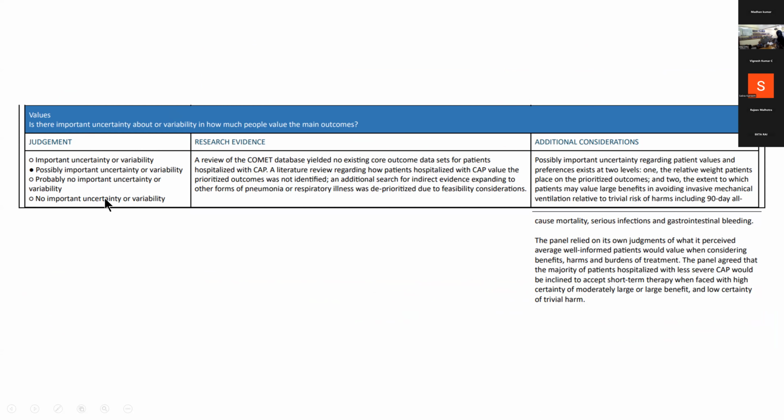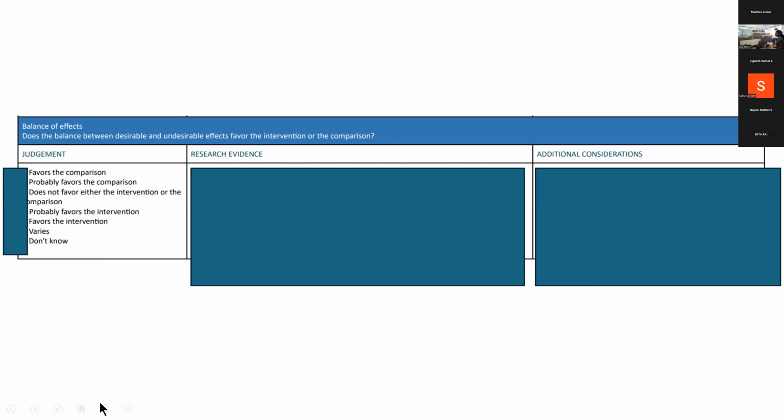There is a common database which tells you all the patient-reported outcomes for each disease. You should have a baseline study saying what the important outcome is in this particular patient. For example, in the COVID-19 study, when they made recommendations on multi-system inflammatory disease, they looked at the patient outcomes and the population outcomes. There was no outcome data, so they said there could be some variability.